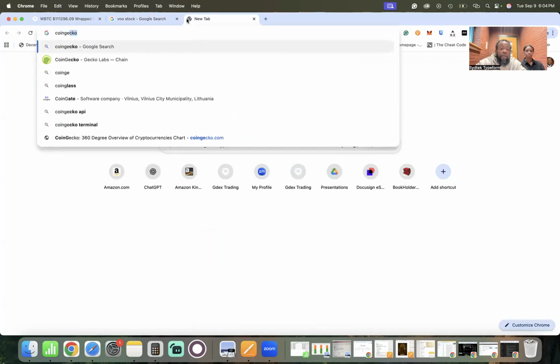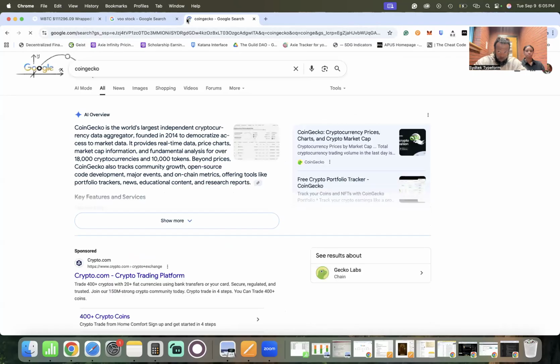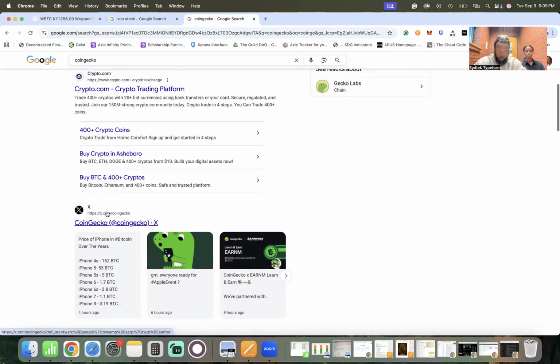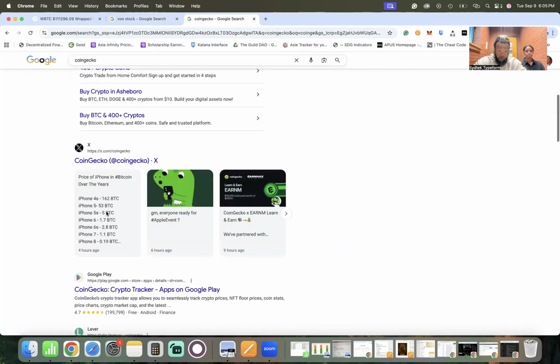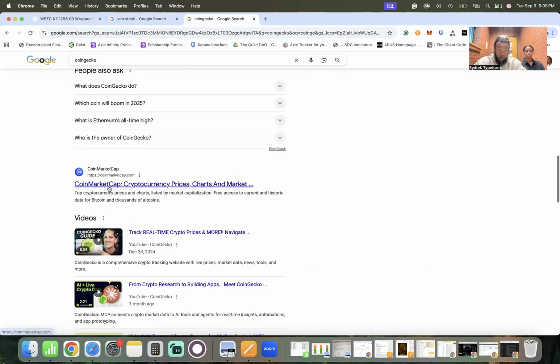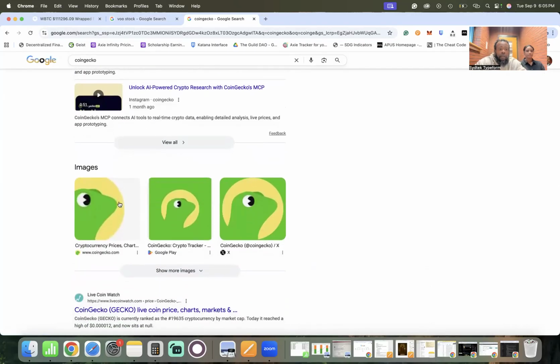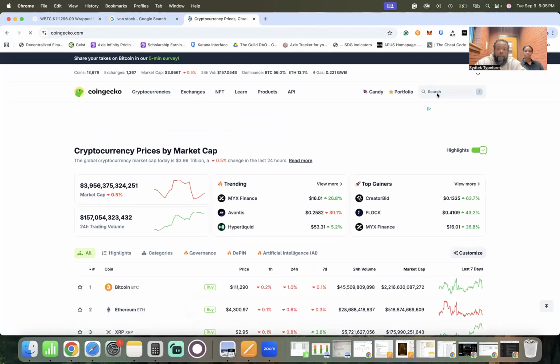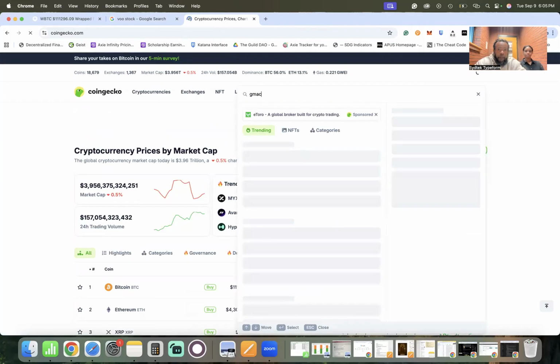Now, look at CoinGecko. Let me show you a little trick here. Let me show you how this works. See here, CoinGecko. Why is CoinGecko not coming up? All right, CoinGecko. Type in Gemach. That was what, 400%. All right.